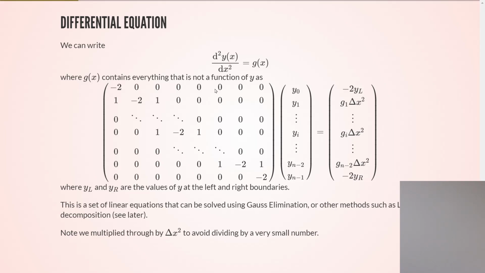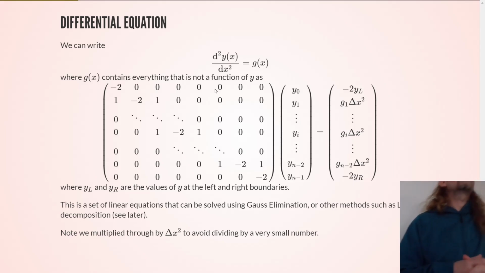We were told to solve this equation, and we were told what g is, what this right-hand side would be. So we can evaluate g at any value x, and just plug it in and build a column vector with g at the appropriate values, multiplied by delta x squared. So we can set that up, and then that's just a set of linear equations, and we use Gauss elimination to solve for the unknown vector.